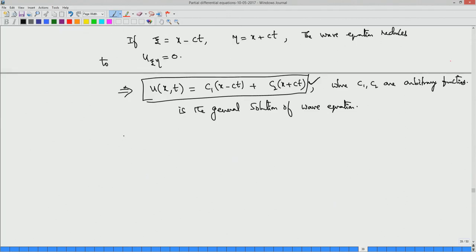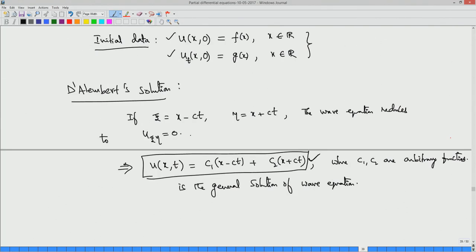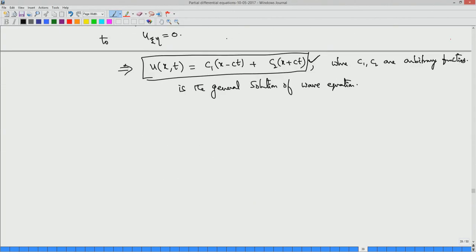Now, you apply this initial condition, u at (x,0) is equal to f(x). So, f(x) equal to u at t equal to 0, that is C1(x) plus C2(x).